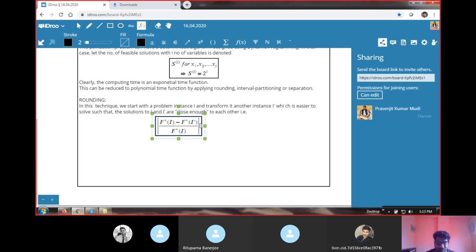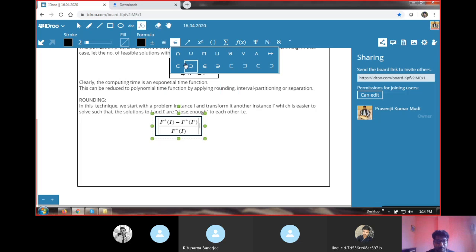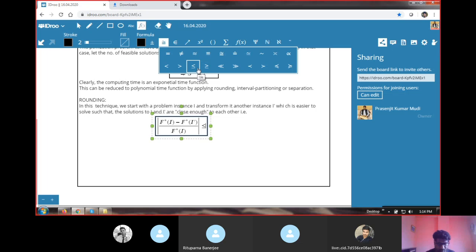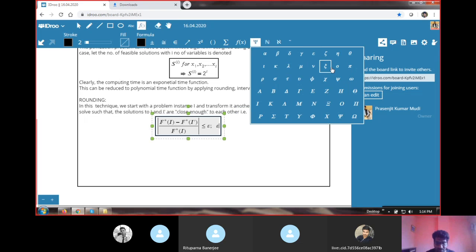Okay, so this fractional absolute difference between the optimal solution to the problem instance I and the optimal solution to problem instance I dash must be less than or equal to epsilon, where epsilon is some positive constant.